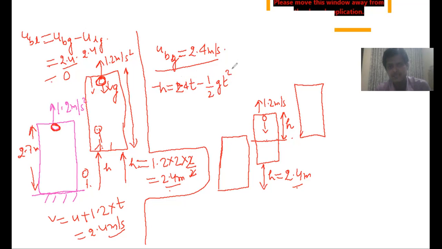And this time T we found earlier, that will be 0.7.